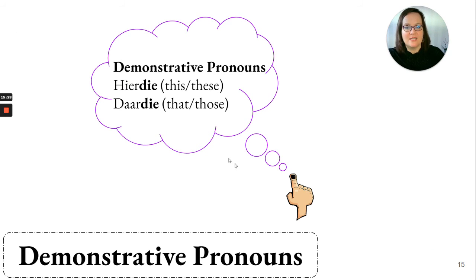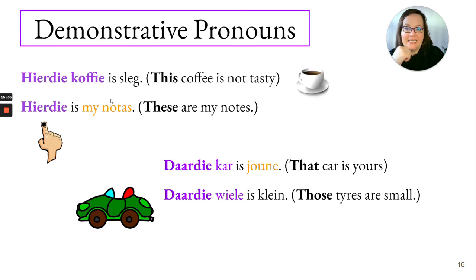Okay, let's do the last few ones. Demonstrative pronouns. Hierdie or die, daardie or die: this, these, that, those. Hierdie koffie is sleg. This coffee is not tasty. Hierdie is my notas. These are my notes. So you can see the singular to the plural, this and these. Daardie kar is joune. That car is yours.